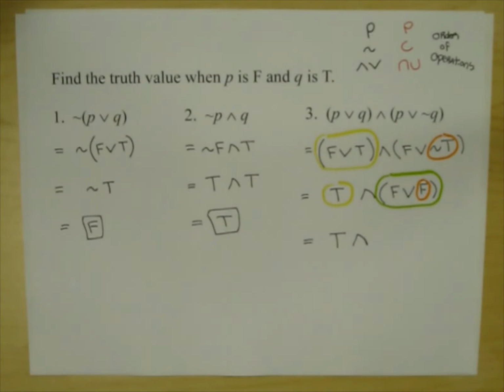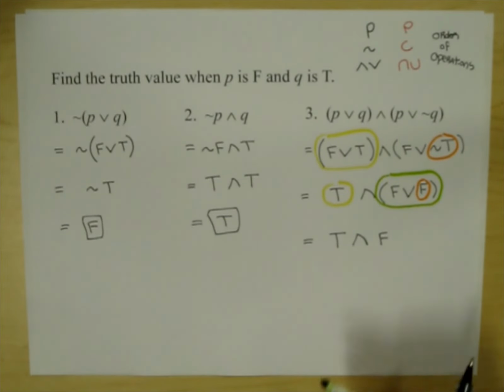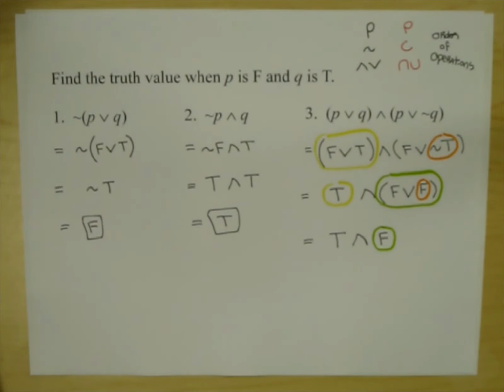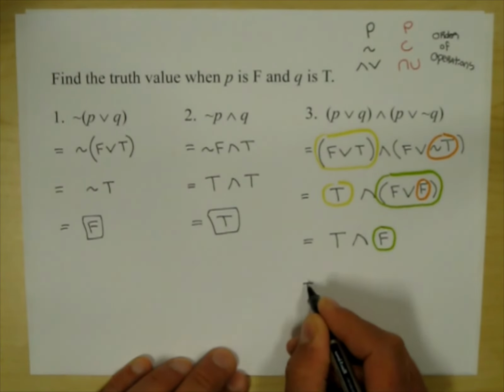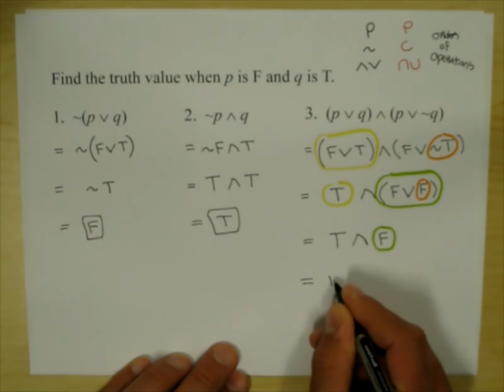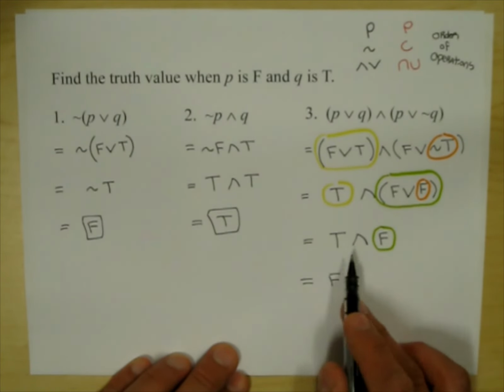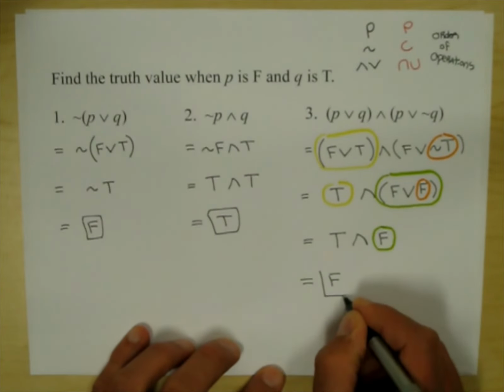False or false equals false. And I'll be done with the colors now. So our very last step is to analyze true and false. True and false equals false. Remember, and's a little more strict. He won't allow any of his pals to lie. So false is the answer.